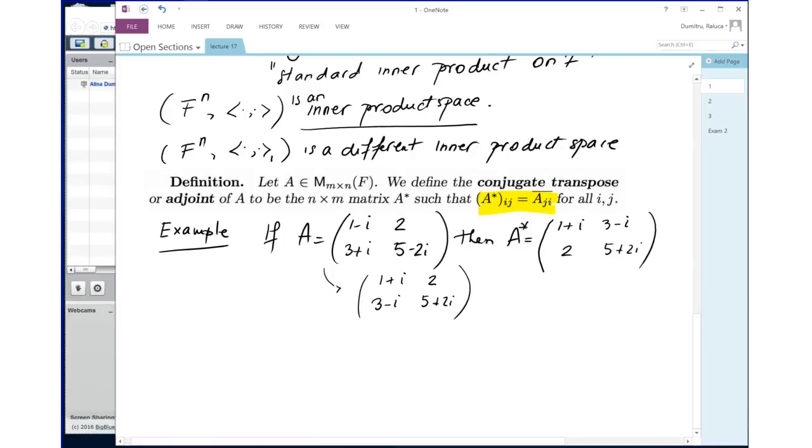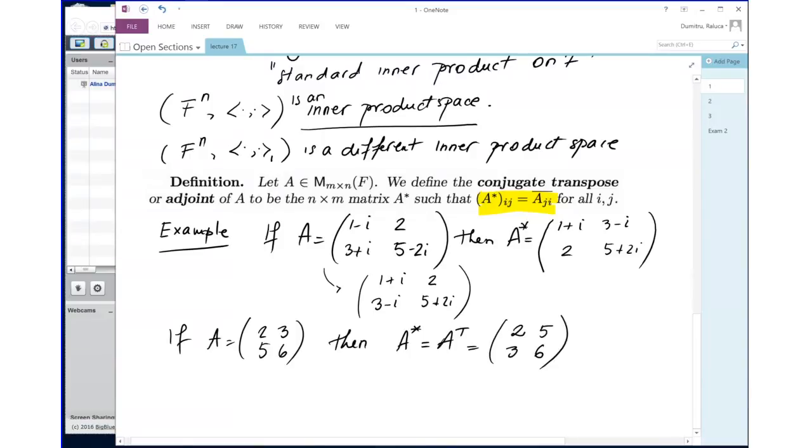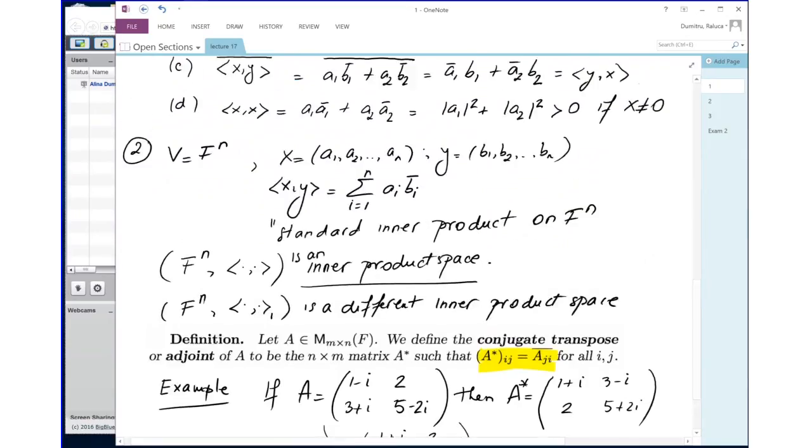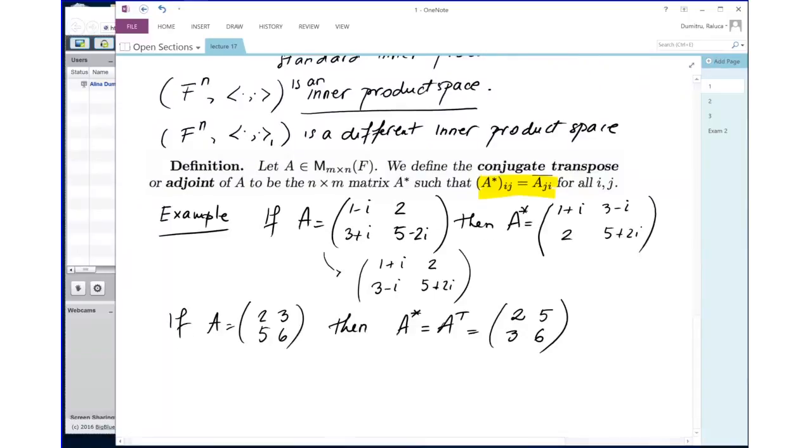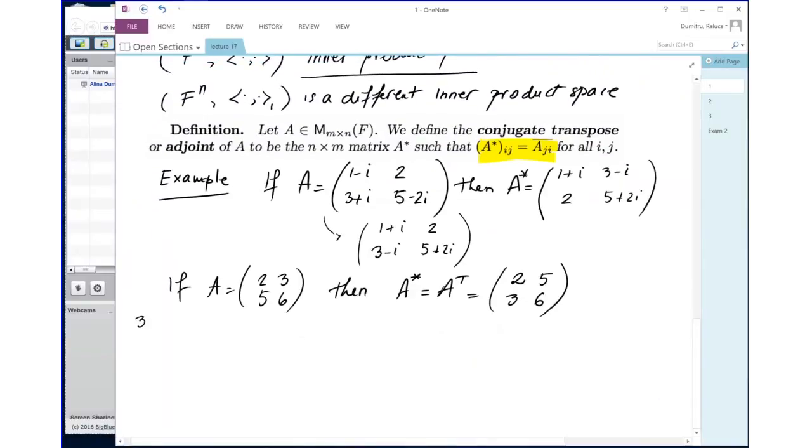And like two operations in one. Now, if A is just a real entry matrix, what's the adjoint? It's just the transpose. Nothing to take the conjugate of. Okay, so back to examples. We've seen two of them, so let's look at example 3 of inner products, which is the Frobenius inner product on matrices.